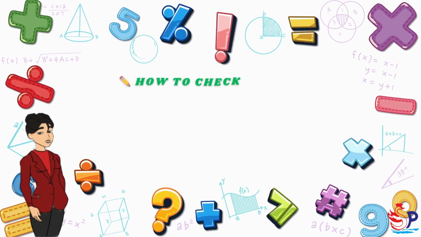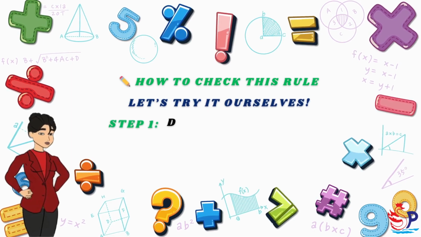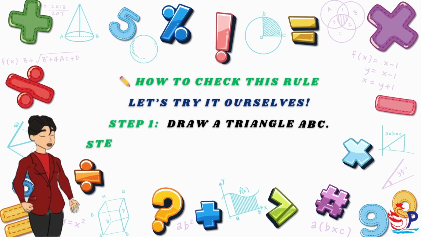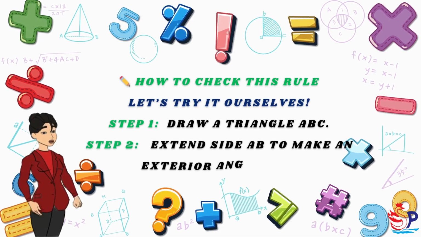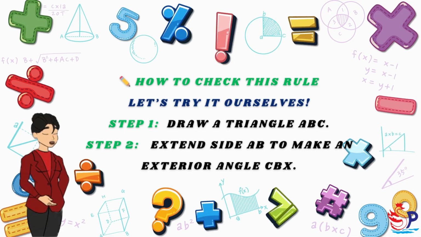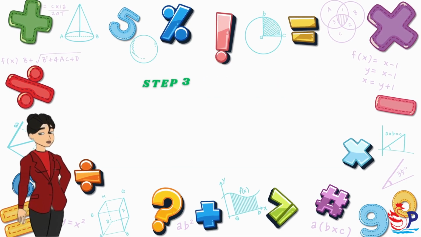How to check this rule? Let's try it ourselves. Step 1. Draw a triangle ABC. Step 2. Extend side AB to make an exterior angle CBX. Step 3.